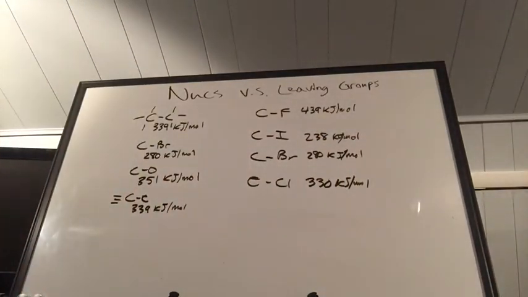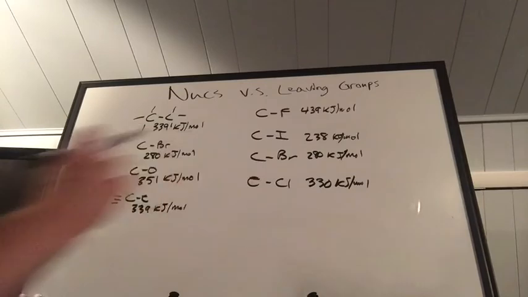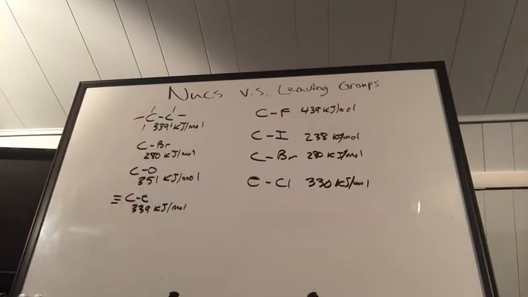Okay, so what you can deduce from that is the fluoro group is going to be generally a poor leaving group, right? And then iodine and bromine are going to be some of the better leaving groups that you're going to see.